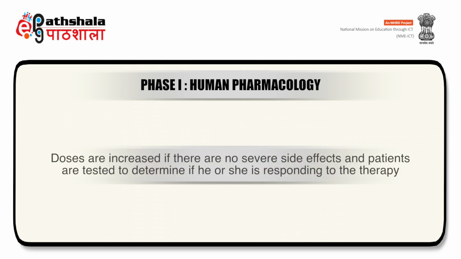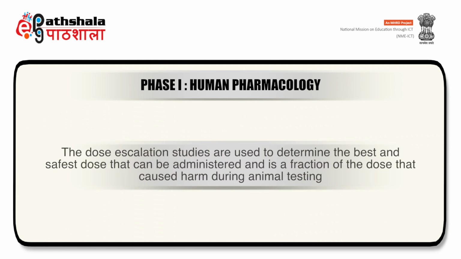In the phase 1 trial, doses are increased if there are no severe side effects and patients are tested to determine if he or she is responding to the therapy. The dose escalation studies are used to determine the best and safest route that can be administered and is a fraction of the dose that cause harm during animal testing.